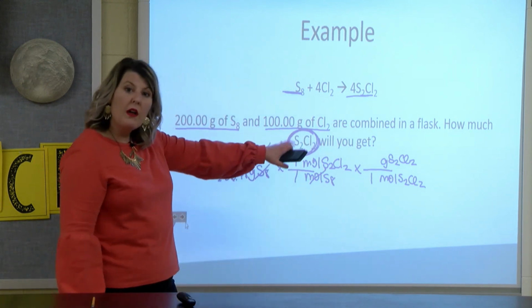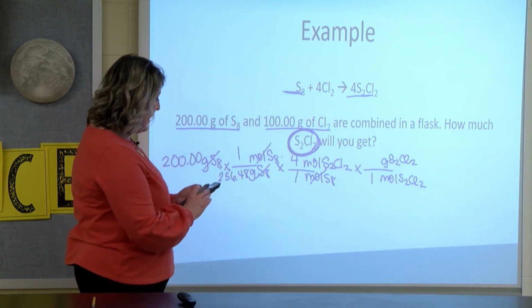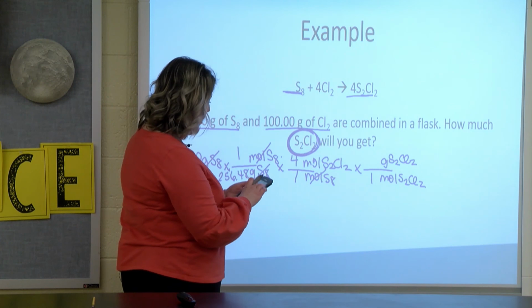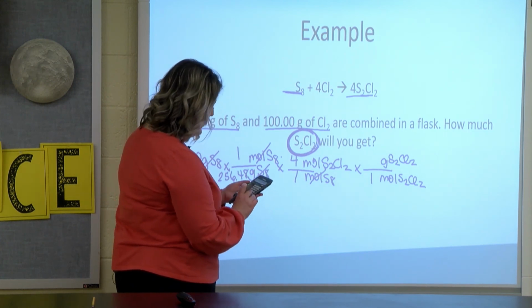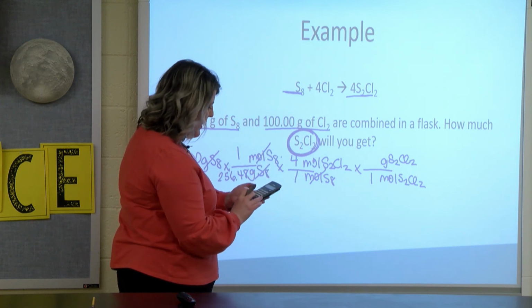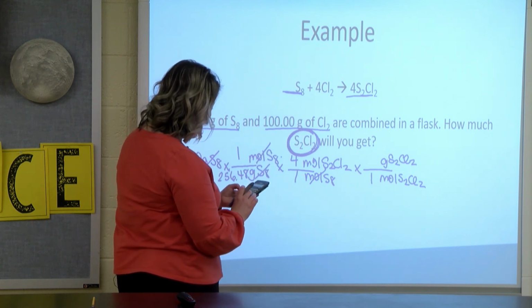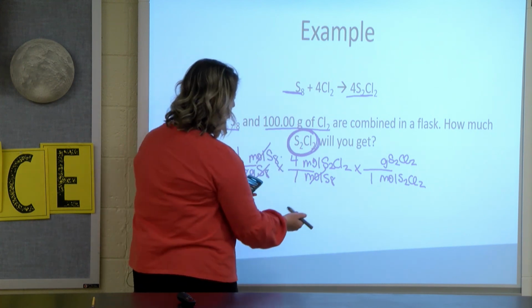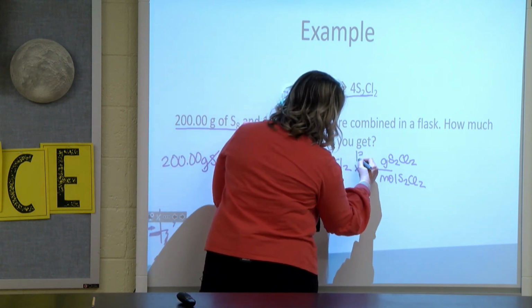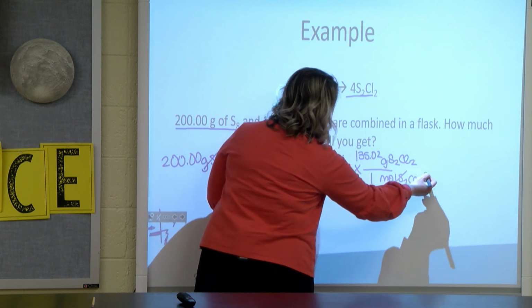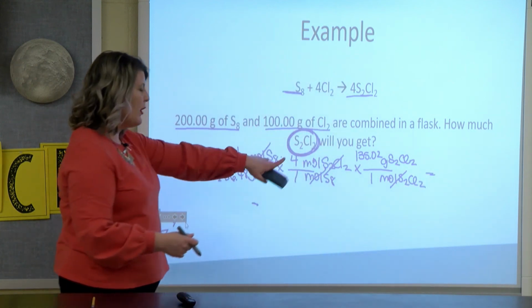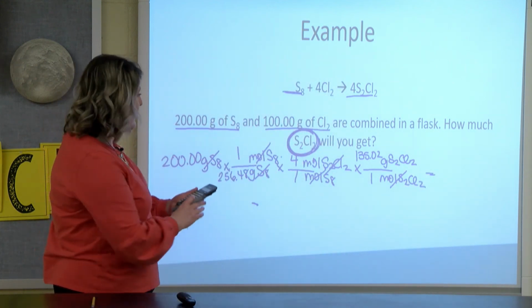One goes with mole, and those numbers come off the periodic table. So S was 32.06 times 2 of those, plus Cl, if you go to the periodic table, is 35.45 times 2, because I have 2 of those, and I get 135.02. Cross out your units, and you see you have what you want. You have grams of S2Cl2.